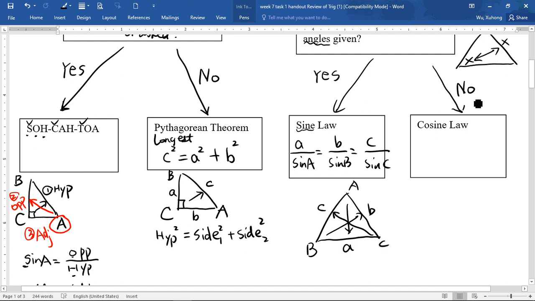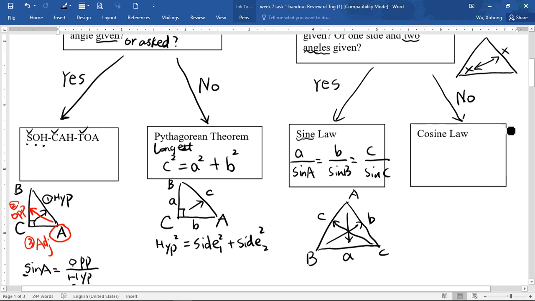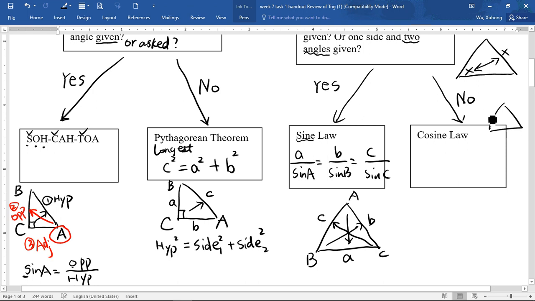And the cosine law is for cases other than these two. The other two cases are: three sides given, or two sides and the contained angle given. You are going to use the cosine law. For the cosine law, you have three forms. c squared equals a squared plus b squared minus double the product of the other two sides times cosine angle C. So side c corresponds to angle C, the first and the last.